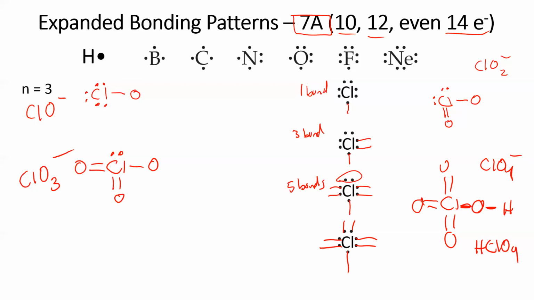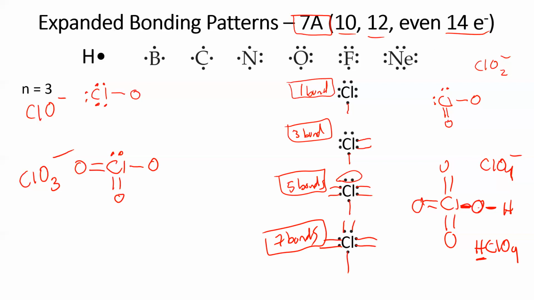And that's why perchloric acid only has one proton, because only one of the oxygens isn't double bonded to the chlorine. And that has to do with formal charges and other things, which the next videos will talk about. But basically what I see is the bonding pattern for this is 7 bonds. So group 7A: 7 bonds, or 5 bonds and 1 lone pair, 3 bonds and 2 lone pairs, or if I just want the octet, 1 bond and 3 lone pairs.